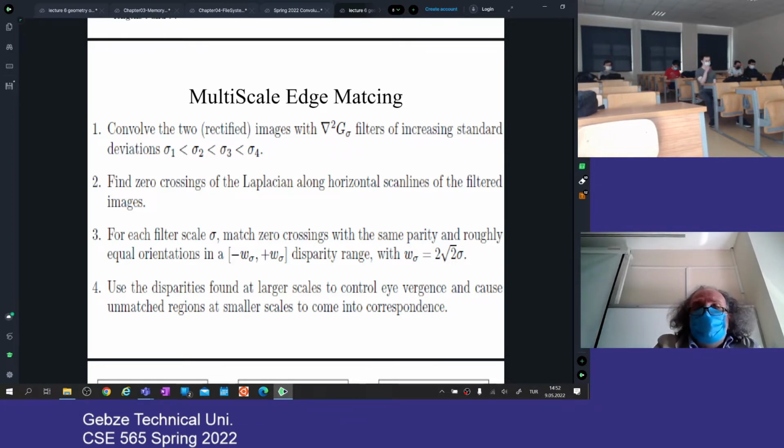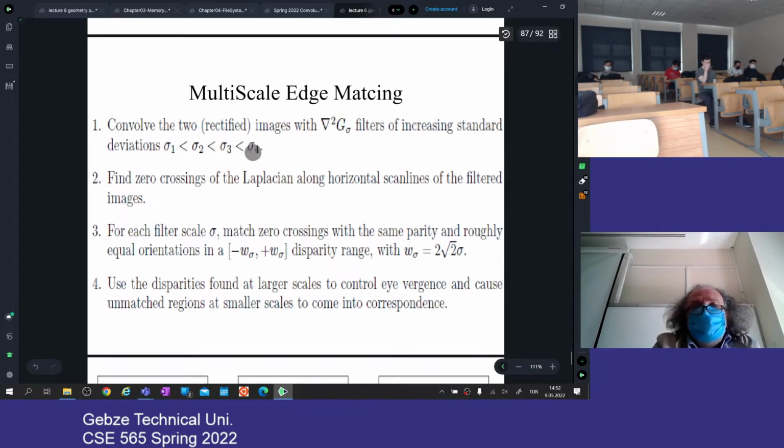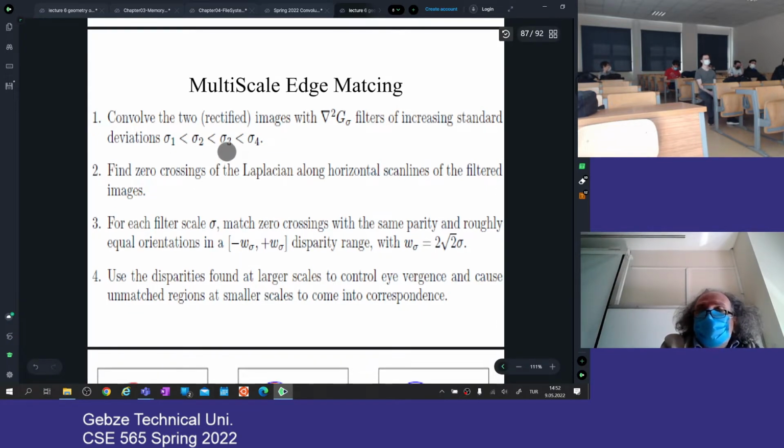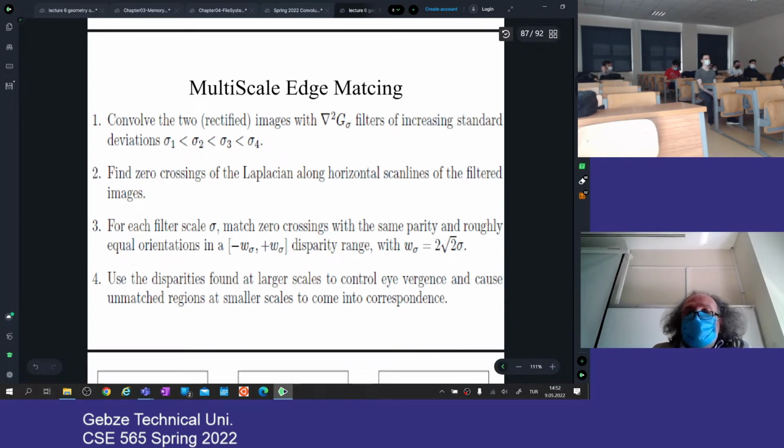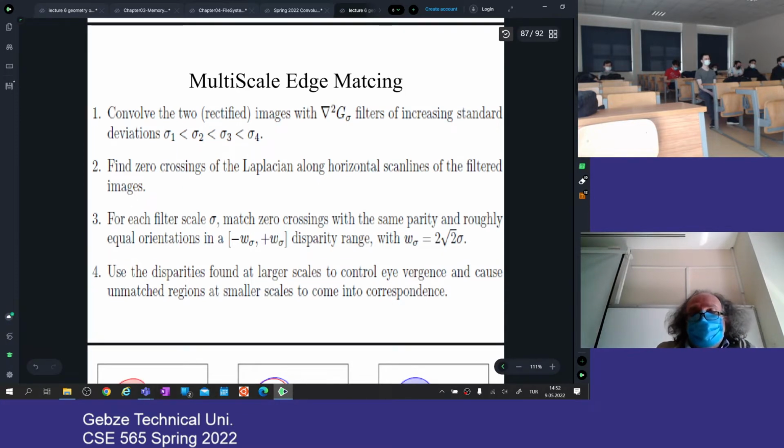So use a large sigma value, get your edges, establish your correspondences, take the offset out, use a smaller sigma, do the same thing, use a smaller one, do the same thing, and at the end use a very, very small sigma value, so you don't lose the edges, and this will be your final correspondence establishments.